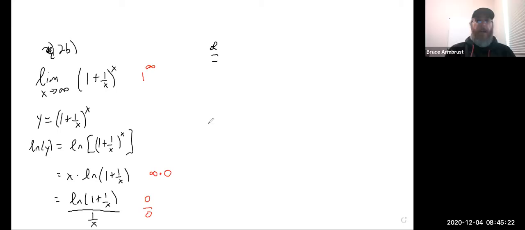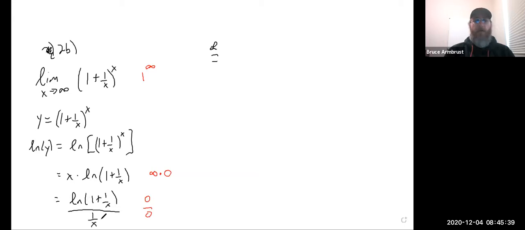Bruce, can I ask quickly why you decided to divide by 1 over x? Because it's going to be easier than dividing by 1 over natural log. So maybe the actual question is, why did I divide by 1 over x? And the reason is that these are equivalent.